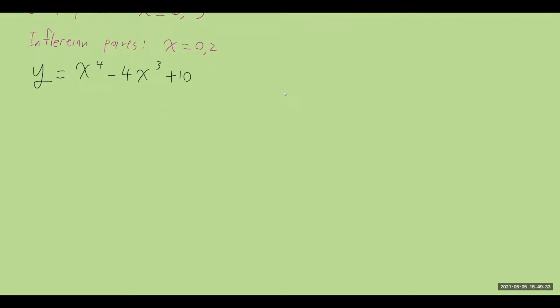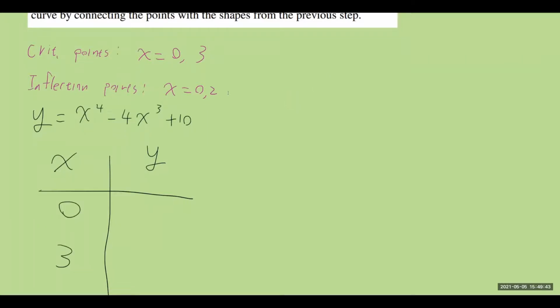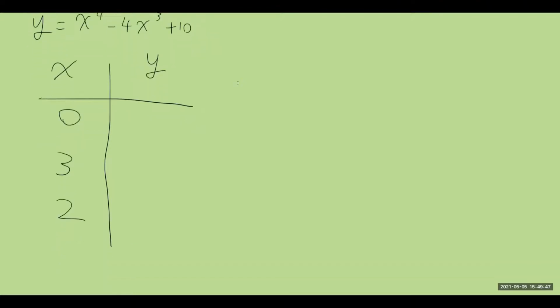So let's build a table. We have the x values, the y values, starting with the critical points, 0 and 3, and inflection points 0 and 2. And let's label them. So 0 and 3 are critical points, and 0 and 2 are points of inflection.